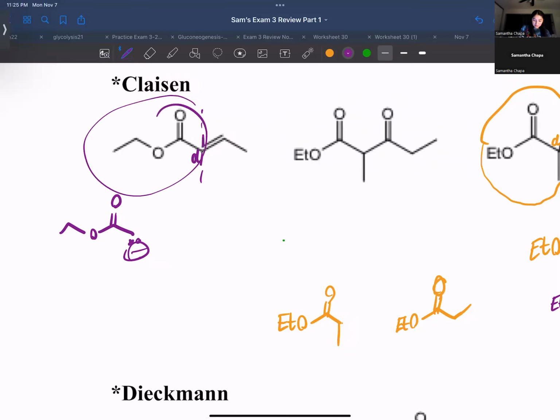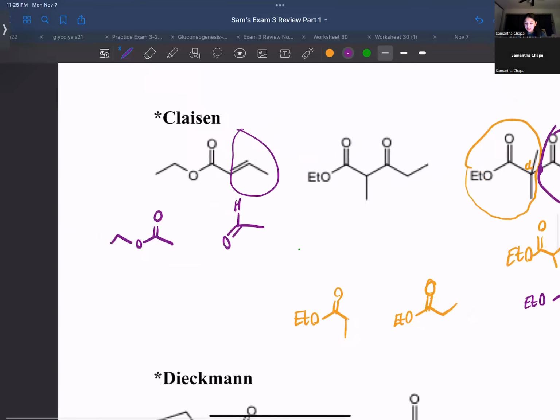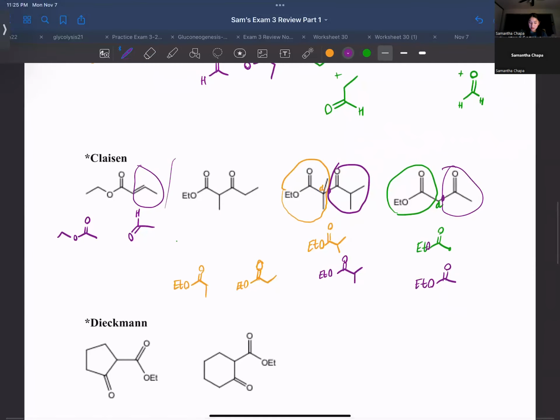Everything on this side stays the same. And everything on this side, you draw it out, and you add an oxygen. So this one was a little weird to me. I don't think you could find anything like this on your exam, but this is just something I wanted to show you because when I saw it, I didn't understand it. But these are the main things that you should focus on.